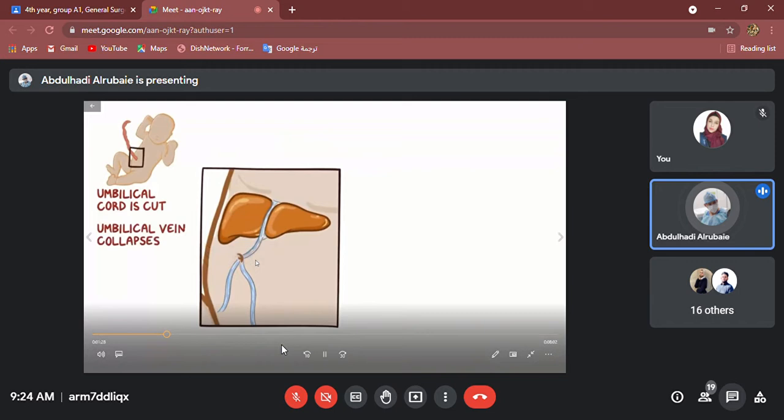This is the round ligament after the birth.